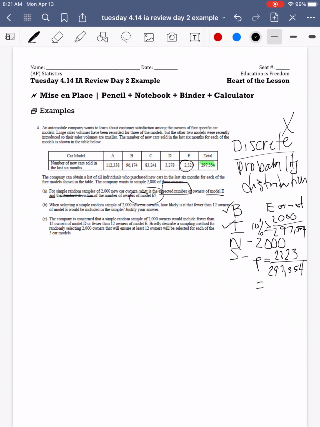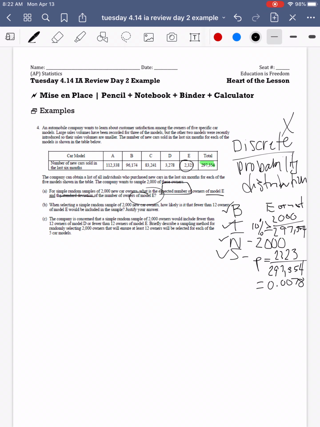So that is going to be equal to a very, very small number. So let's calculate that really quickly. That's going to be 0.0078. All right, well, this is looking like a binomial random variable.